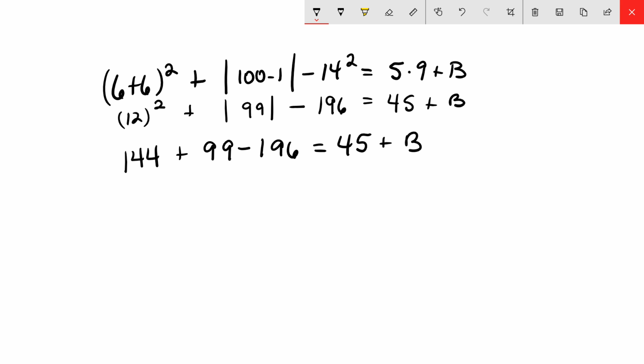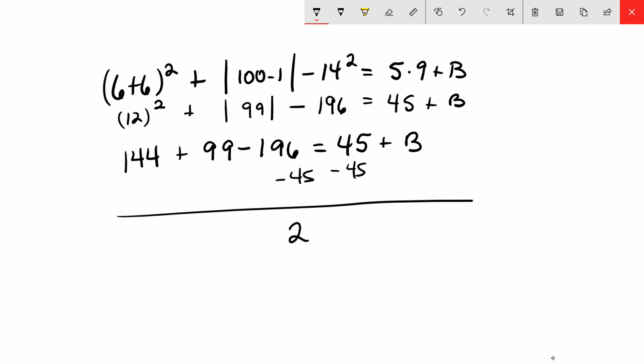As I combine all of these things together, I'm going to subtract 45 from both sides. So when I put all of that together, when I take 144 plus 99 minus 196 minus 45, I get 2. So b equals 2.